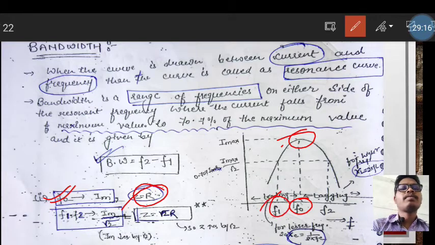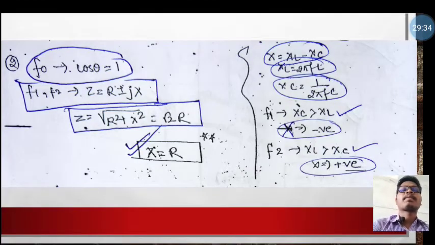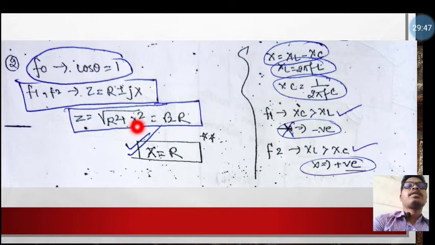At F1 and F2, at the point I maximum divided by root 2, Z is equal to root 2 into R. So Z increases by root 2, and here Im is less by root 2. So at F0, cos theta is equal to 1, and at F1 and F2, Z is equal to R plus or minus jX. So Z is equal to root over of R square plus X square.